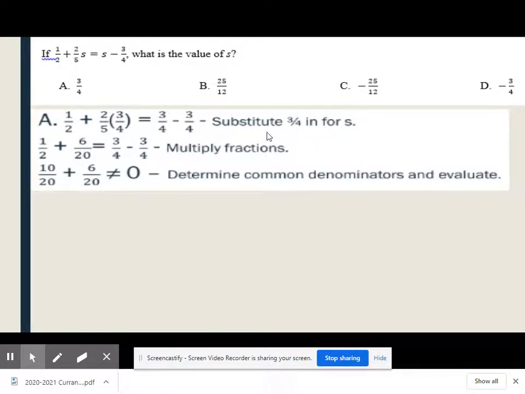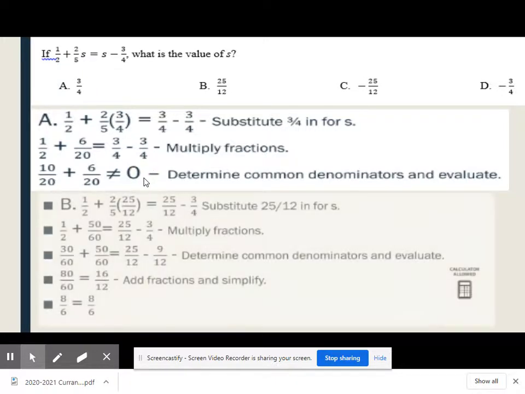If we substitute that in on both sides of the equation for s, you will very quickly notice after you multiply your fractions that you have unlike denominators. When you are adding and subtracting fractions, make sure the denominators are the same. So figure out your common denominator, which in this case is 20, and evaluate. You will notice that one side of the equation does not equal the other.